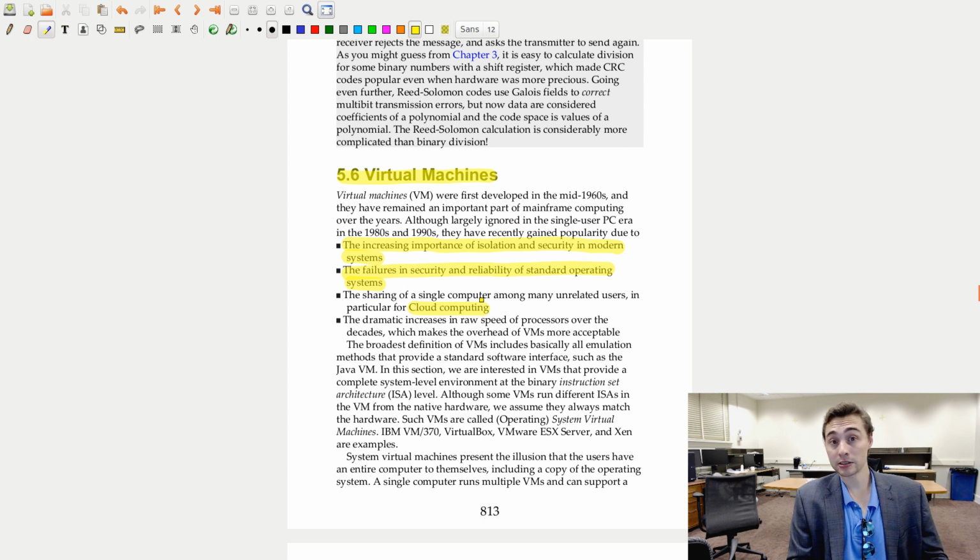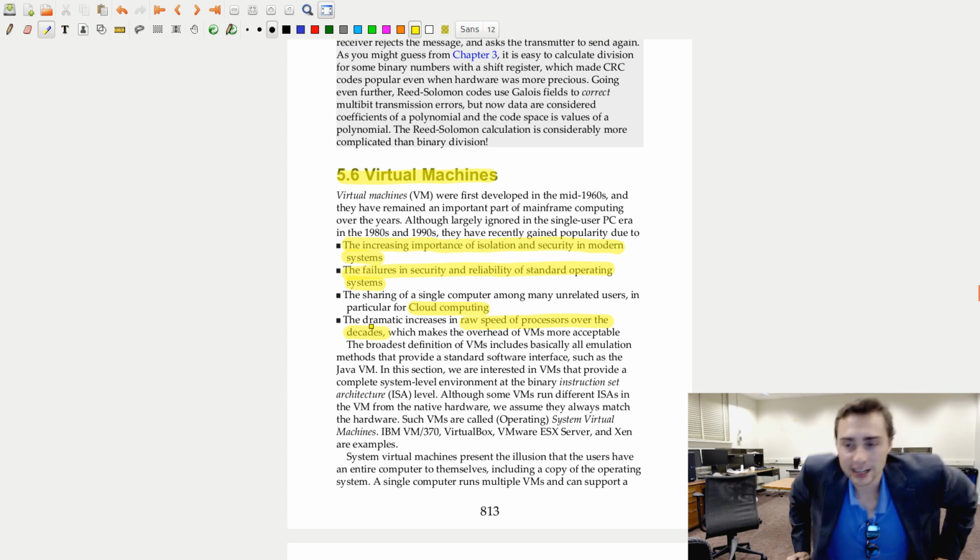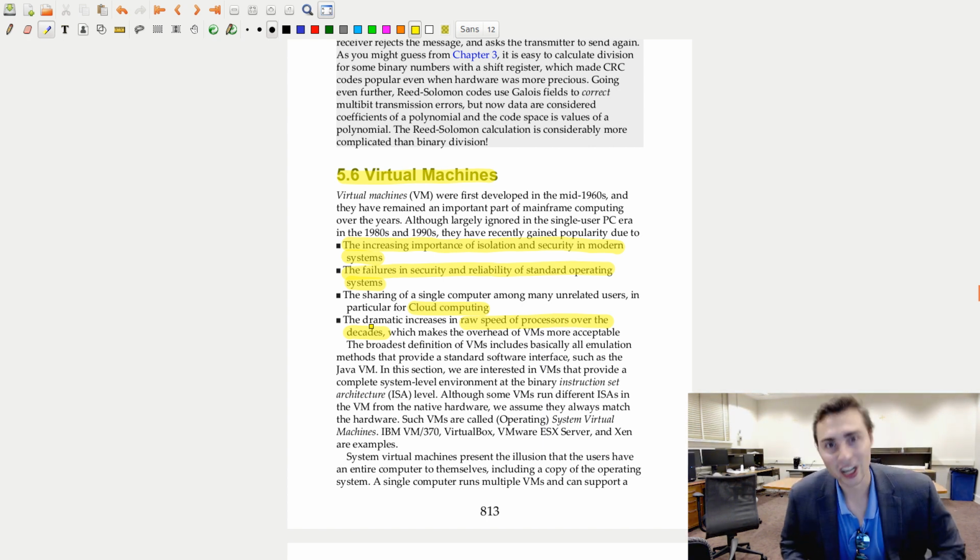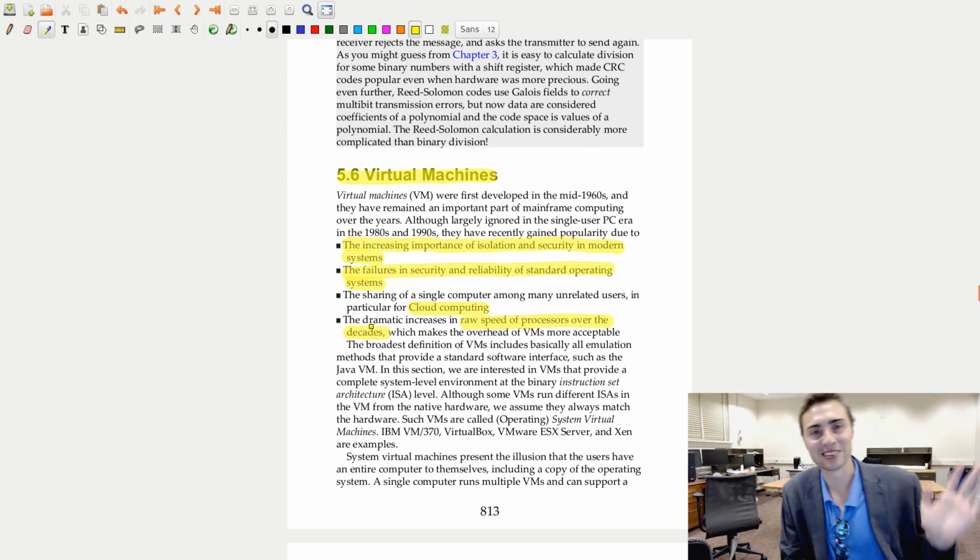We also like cloud computing. Not everyone needs an entire PC. We can share it. And because processors have gone so fast over the decades, it doesn't really make sense to give everyone a giant, super expensive multi-$1,000 chip.